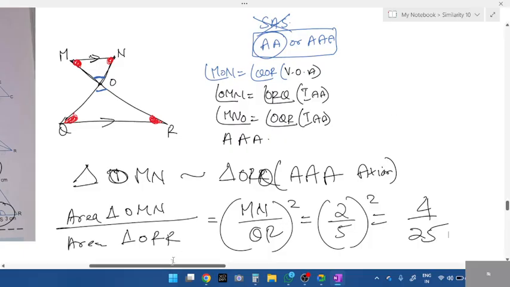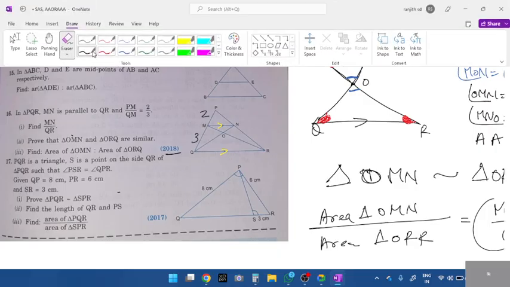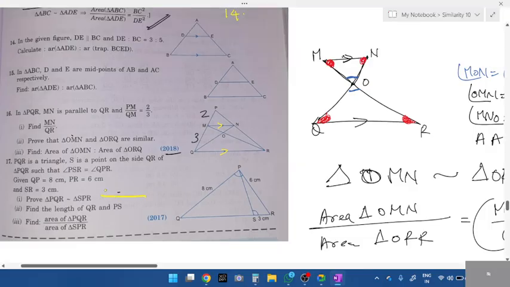That's it. I want you all to try at least one question, students. The 17th question, you all try. Split the diagram into two parts. Read the question, read what they have asked. Triangle PQR and triangle SPR, so two triangles. Split it. In triangles PQR and SPR, which is the common angle, students? Just look at this equation.